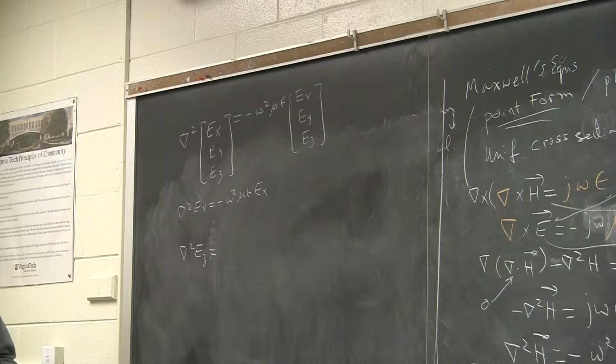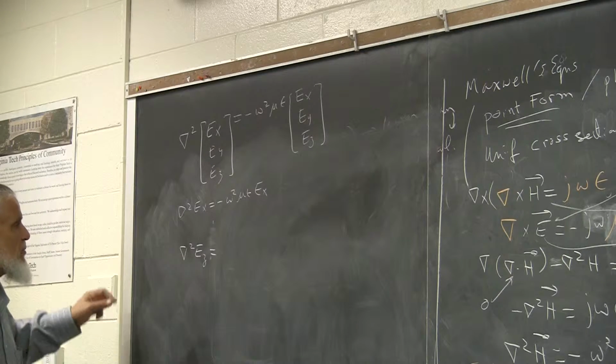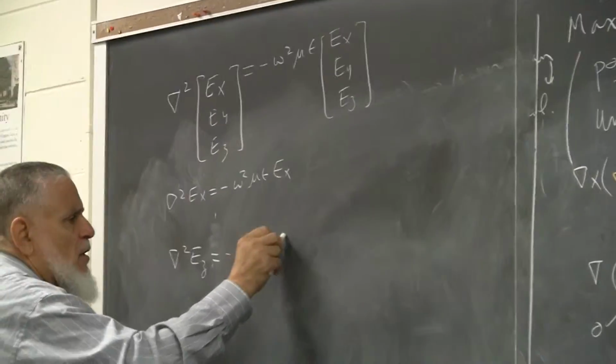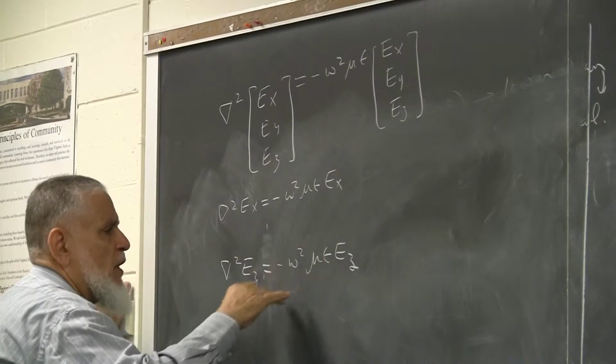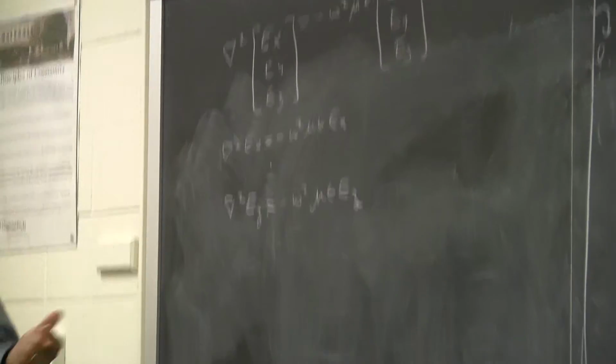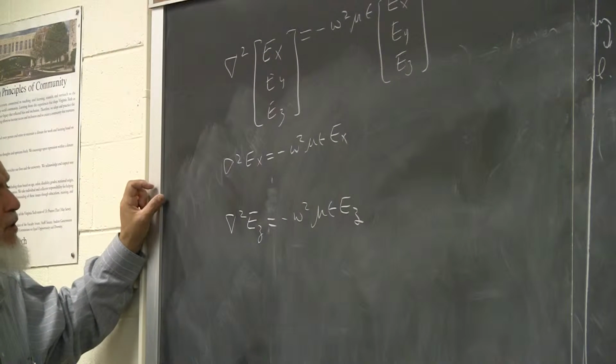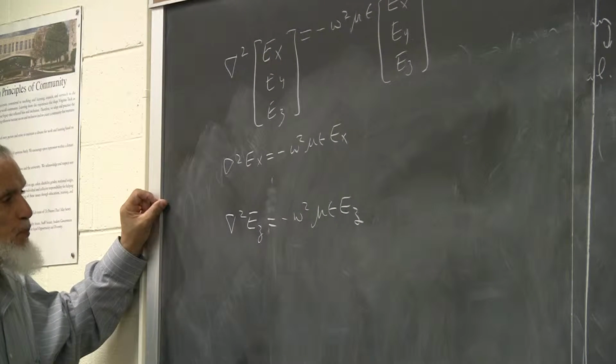Although, as we will learn later, it's not E sub z, right? But anyway, minus omega squared mu epsilon E sub z. So if I solve any of these, I'm solving the others in basic concepts. How do you solve this equation?